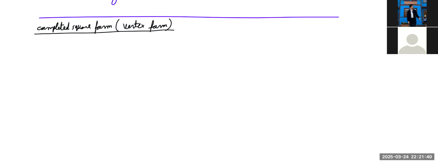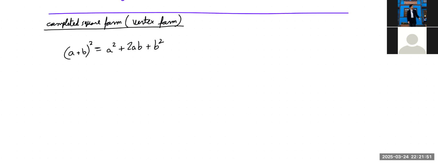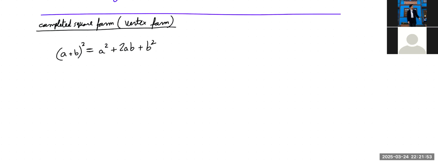Do you know that a plus b whole squared equals a squared plus 2ab plus b squared? You know that, right? Now, for instance, if I have x plus 4 whole squared, I will get x squared plus 8x plus 16.